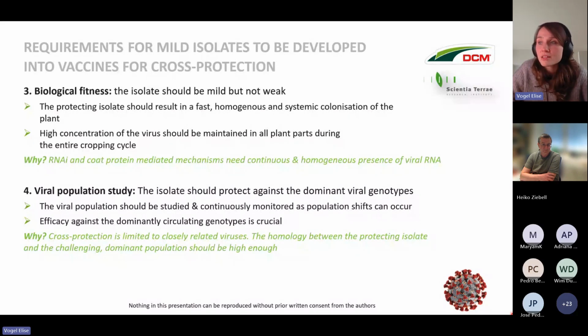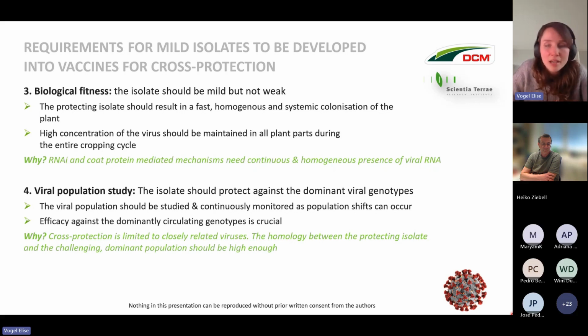So this is actually a continuous study, so it needs to be continuously monitored, as we have seen in the past that viral populations can shift. So you need to be aware of the population before you start, but you need to continuously keep updating this also to see that your information stays current.